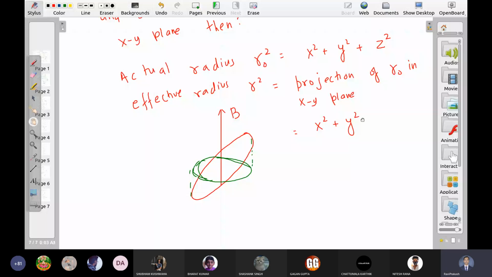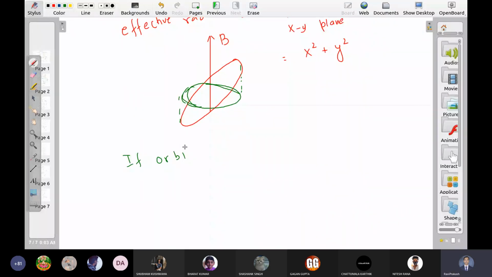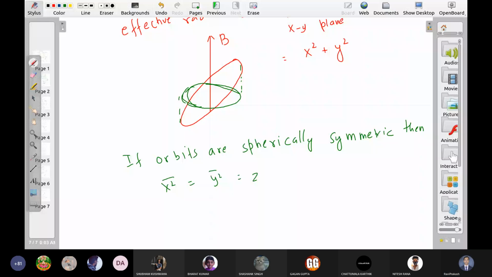Let me make one more approximation. If orbits are spherically symmetric, then the average of x square, the average of y square, and the average of z square are roughly the same, right? So let me calculate the average r square.